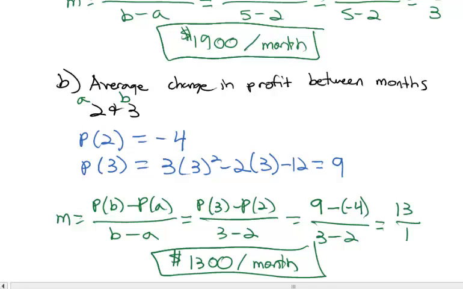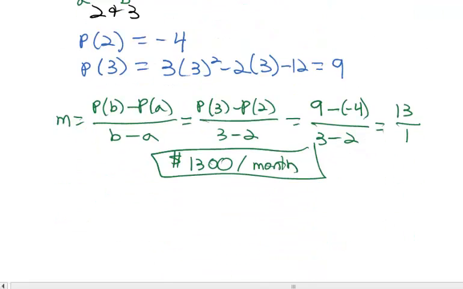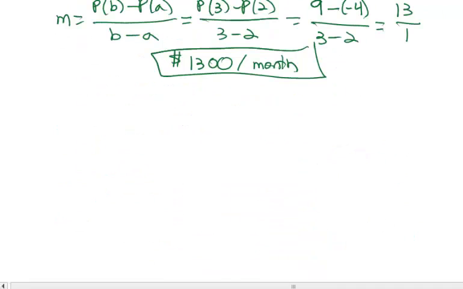Now, this average rate of change bit is something we really could have done in pre-calculus or even in finite math. But we want to take it one step further. Instead of looking at what happens on average over time, how is our profit changing with time, we're going to be interested in how much is our profit changing right now.